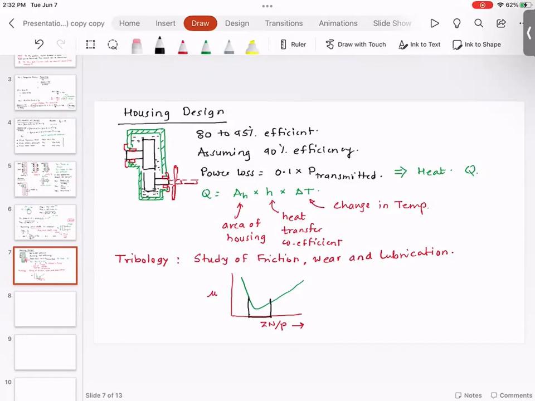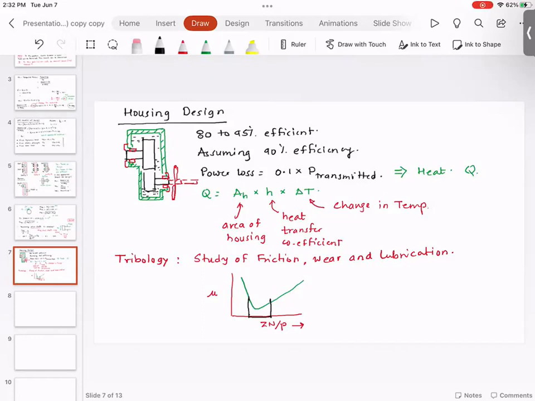That's why many a times, if you have a high performance car, they will ask you to use different types of oil in summer and different types of oil in winter. The reason is that you want the engine to be in optimal performance, minimizing friction and maintaining appropriate heat transfer. So tribology is an interesting field, and I will talk more about oil selection, friction, wear, and lubrication when we design gearboxes in the next lectures.